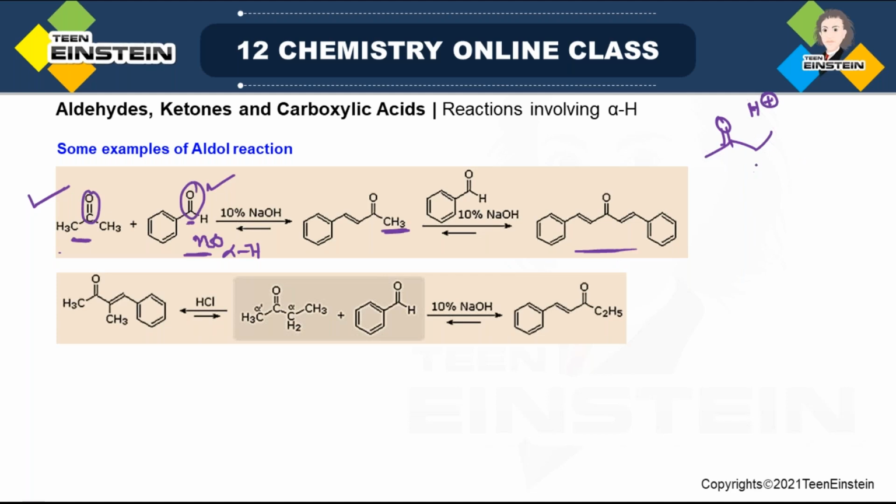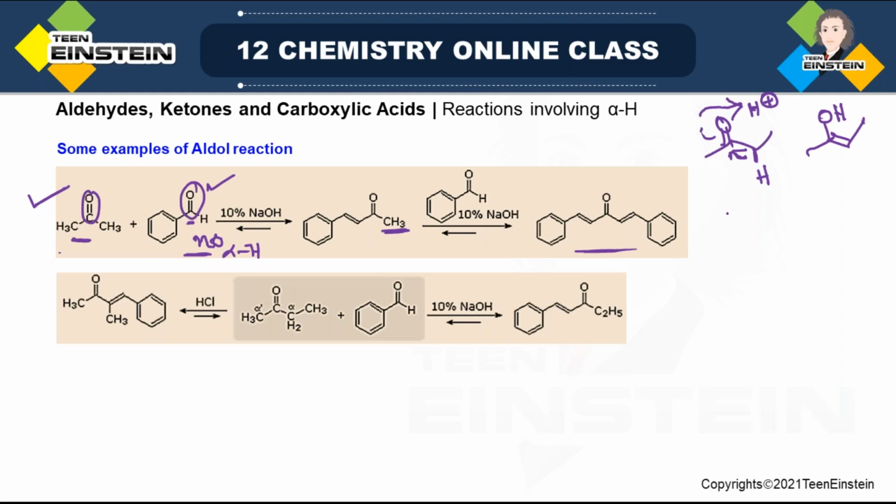Now when we are talking about enolization, the enol will form in such a way that the CC double bond that you are getting will be very stable. So if this CH bond is broken and you are getting the enol, it is like this. Okay, so this is enol formation in acidic condition.